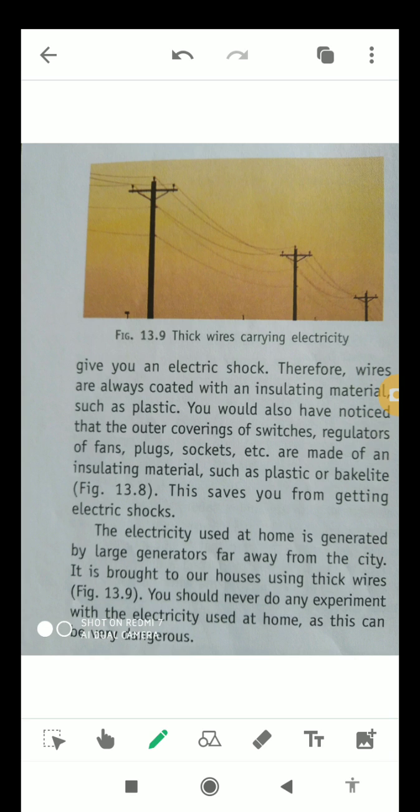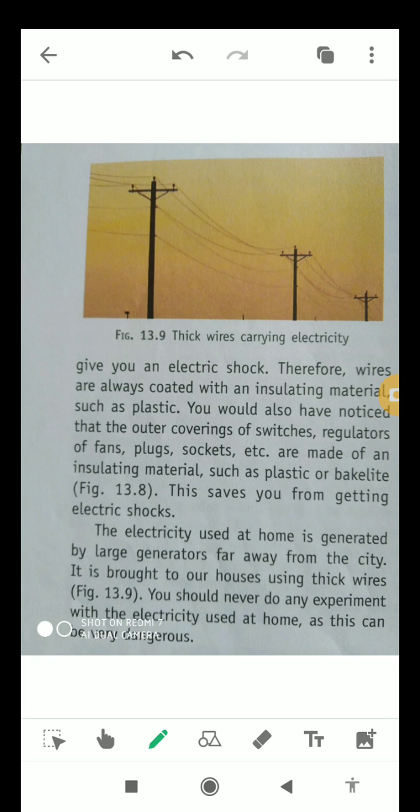Okay students, as you know, the electricity which you use at home is not generated at homes. It is generated by large generators which are very far away from the city, and it is brought to your houses with the help of thick wires.